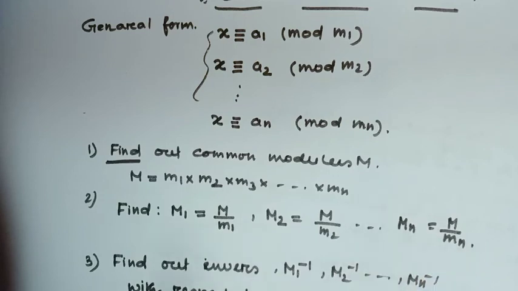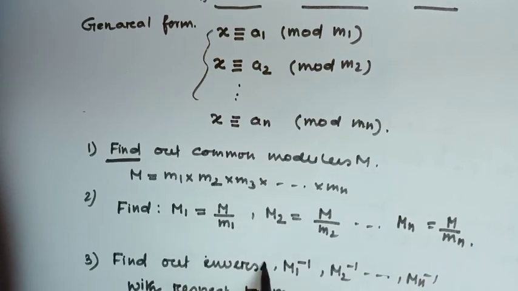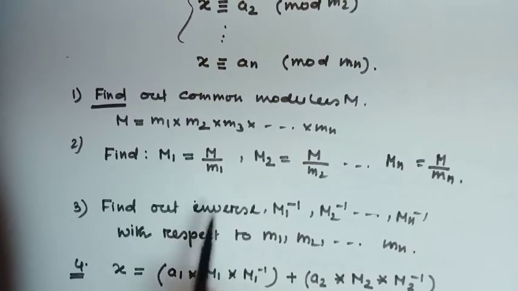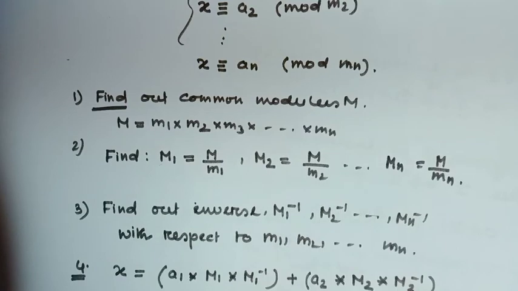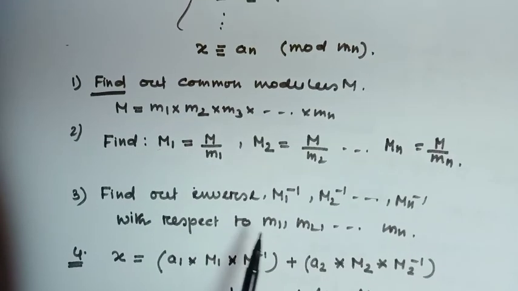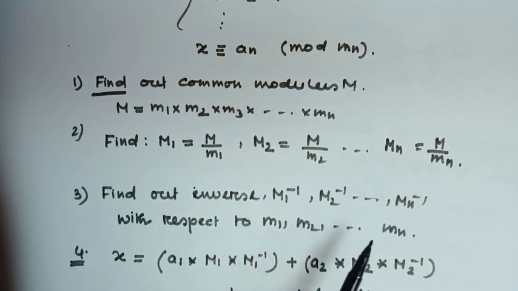Then the third step is to find the inverse of these M1, M2, up to Mn with respect to small m1, small m2, small mn.